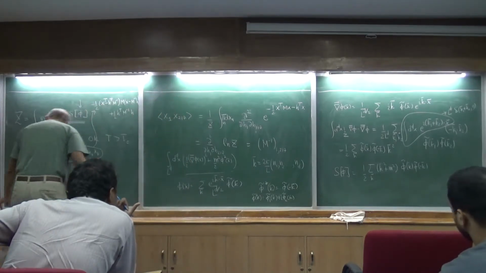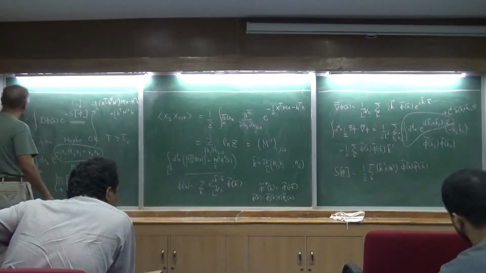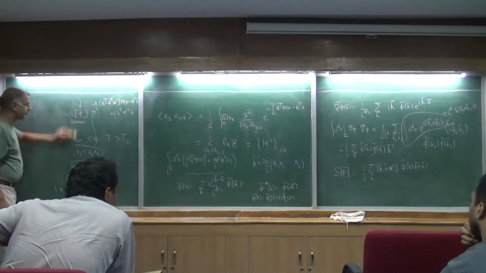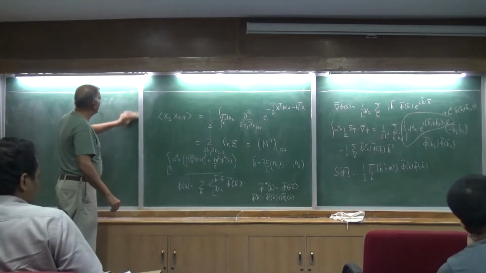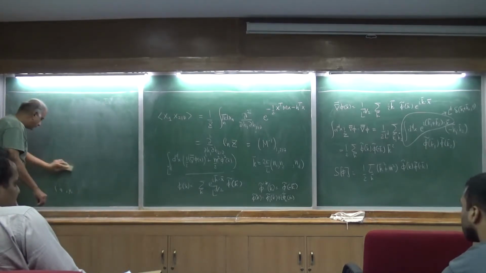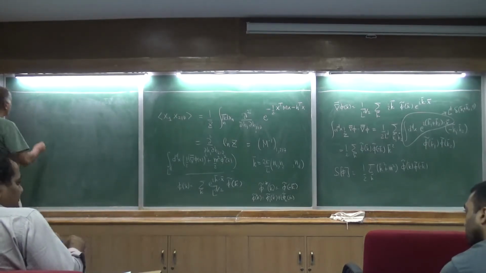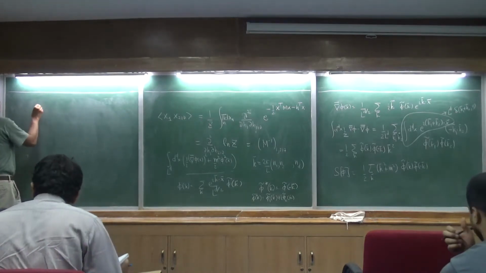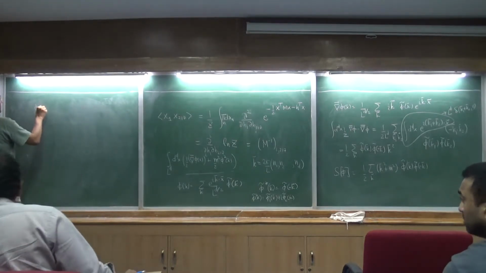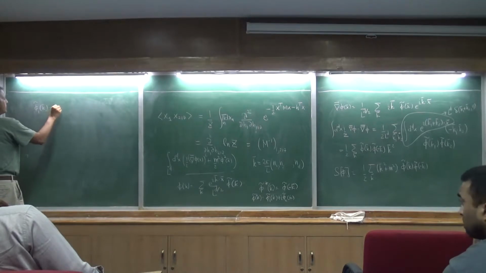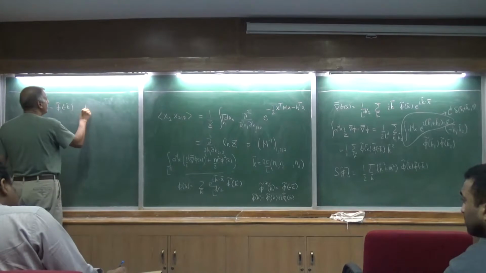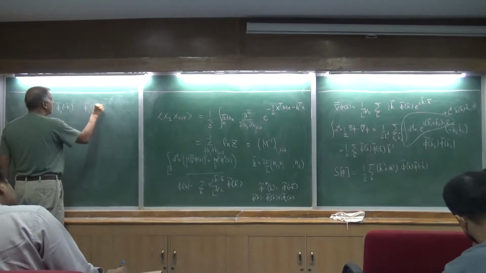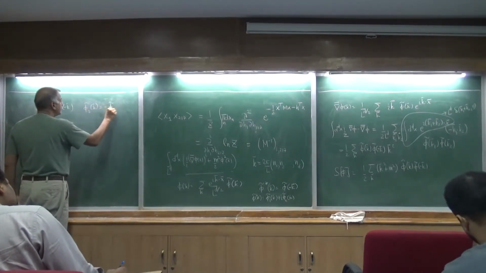What I mean is the following. So phi 1 tilde of K is the same as phi 1 tilde of minus K, and phi 2 tilde of K is minus phi tilde 2 of minus K.